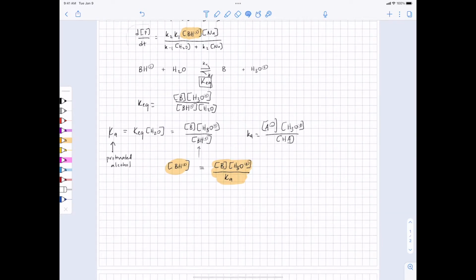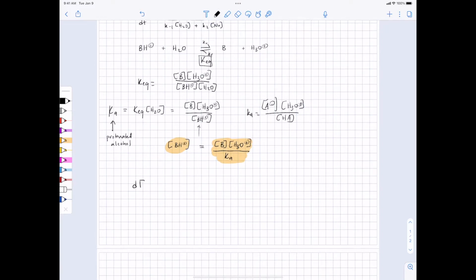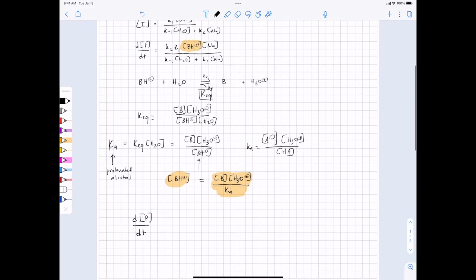So let's take our rate law, dP/dt. Now we have K2 times K1. Instead of BH+, we're going to use B, the concentration of the alcohol, times the concentration of water. And then we're going to divide by the Ka number.